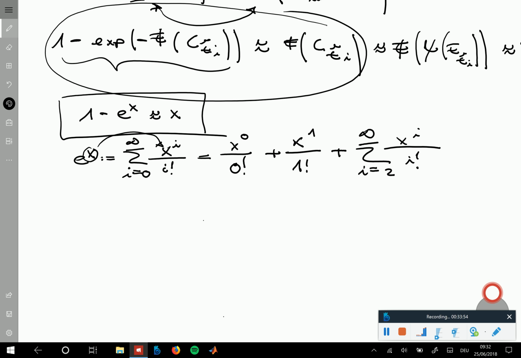But if you now say, for the sake of the argument, that this is, as we've just seen, 1, and this is x, and you say, whatever, I'm a physicist, I don't care, this is a typical physicist thing, to do Taylor expansions and stop after 2 or 3 terms.